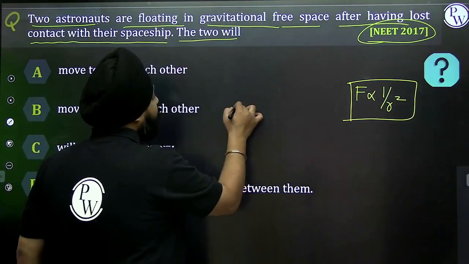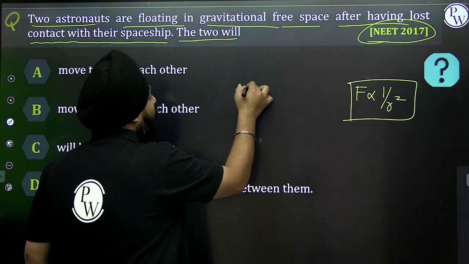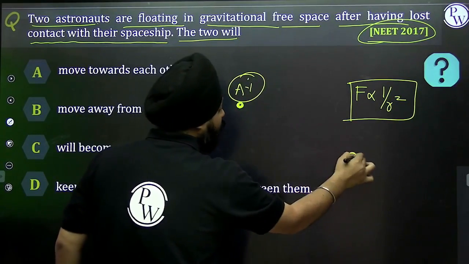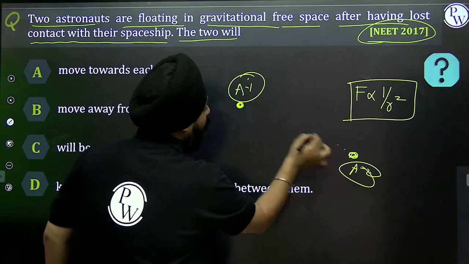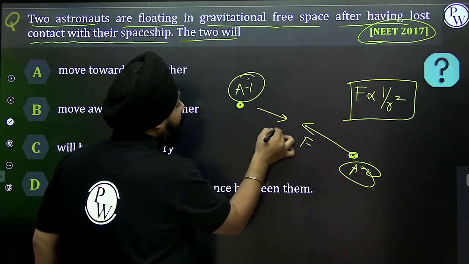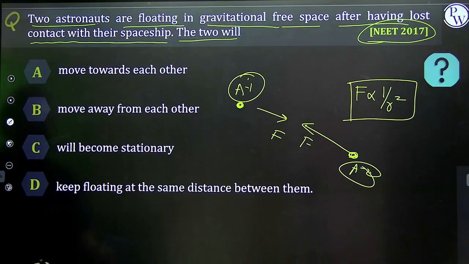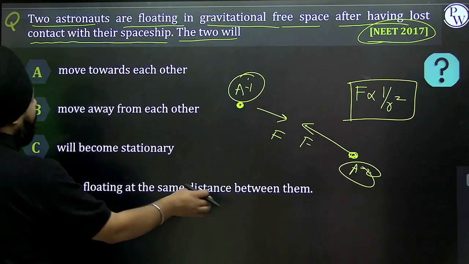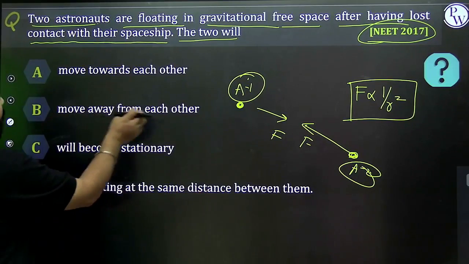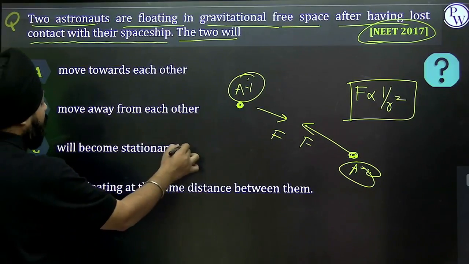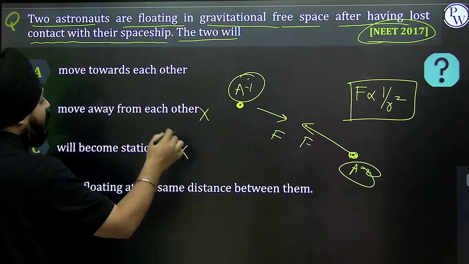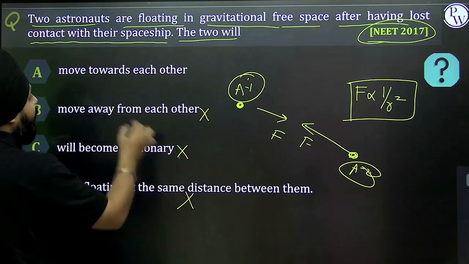Suppose this is the position of astronaut 1 and this is the position of astronaut 2. There always exists a mutual force of attraction between them. Options: keep floating at the same distance between them, or move away from each other, or become stationary. Moving away is wrong, because this is an attractive force, not repulsive.